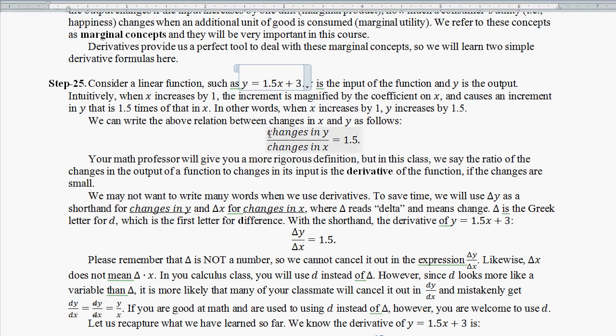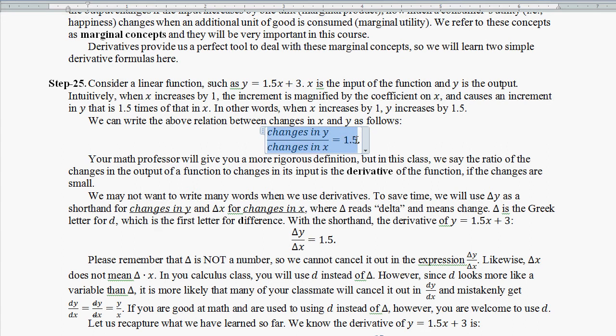The changes in y divided by the changes in x is equal to 1.5. We need to understand that x changes first, and then it results in some changes in y. And the ratio is equal to 1.5.